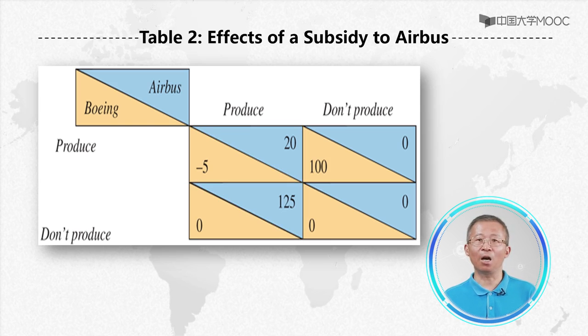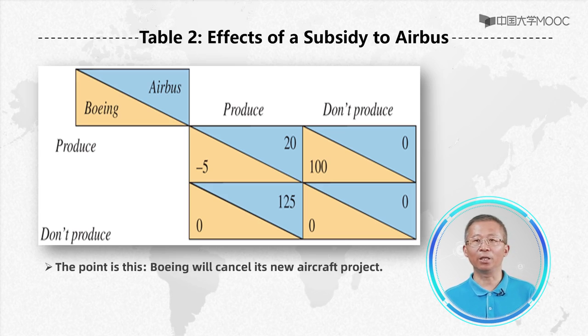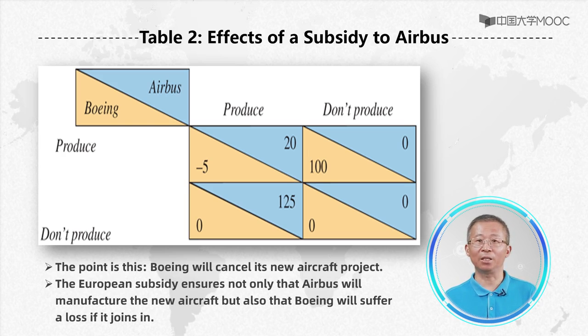Even if both companies manufacture the new aircraft, Airbus is now certain of making a profit of 20. The point is this: Boeing will cancel its new aircraft project. The European subsidy ensures not only that Airbus will manufacture the new aircraft, but also that Boeing will suffer a loss if it joins in.